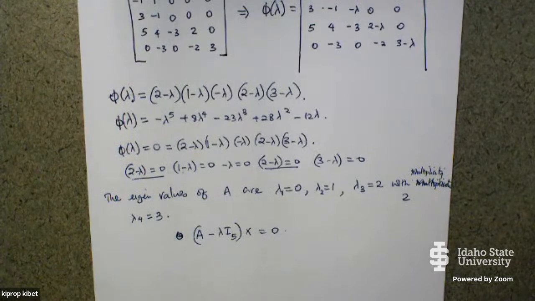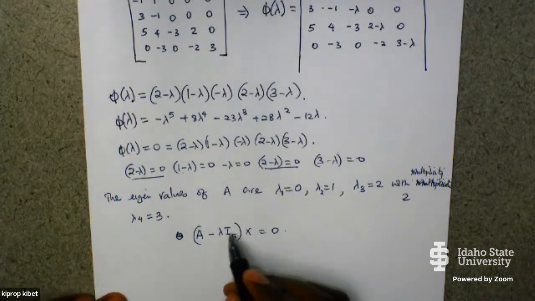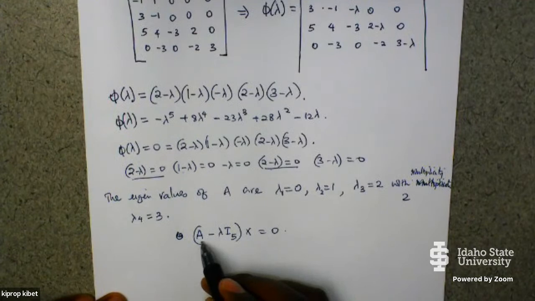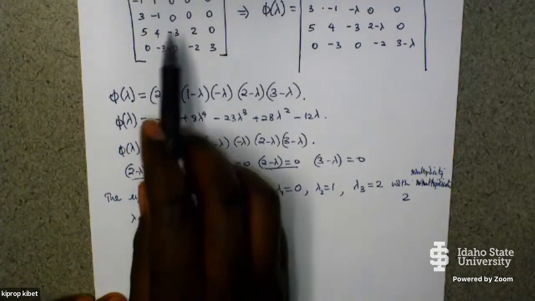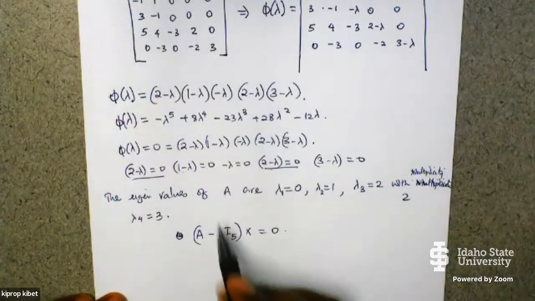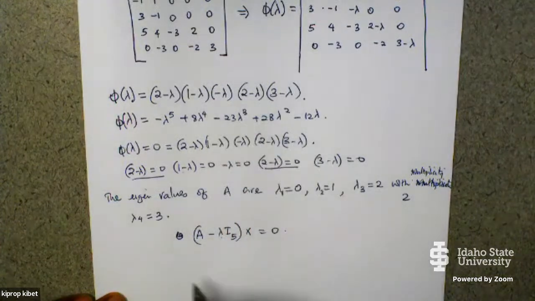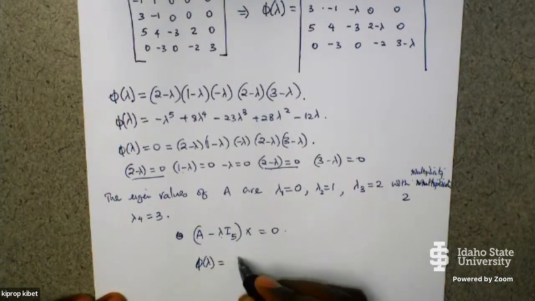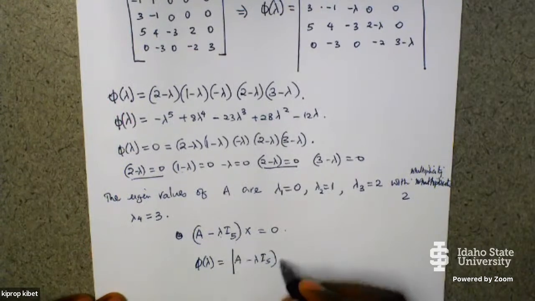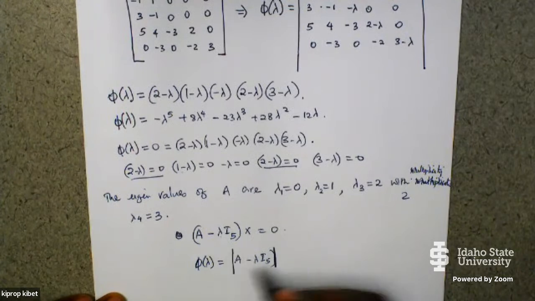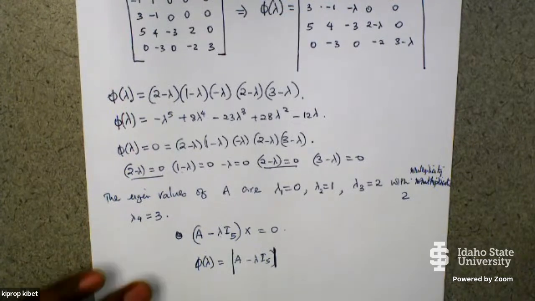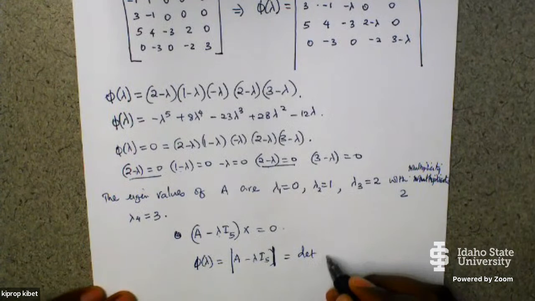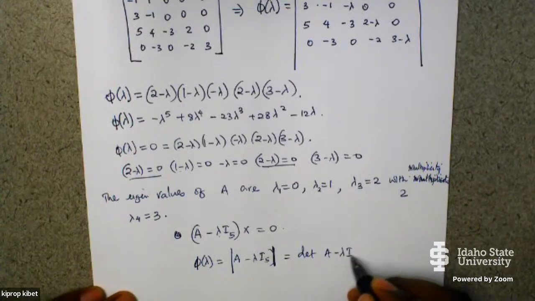So using the same way that we did, we have our A, which is this matrix, and then we have our lambda, right? So to get the characteristic polynomial of A, we are getting the determinant of A minus lambda I, in 5 dimensions.